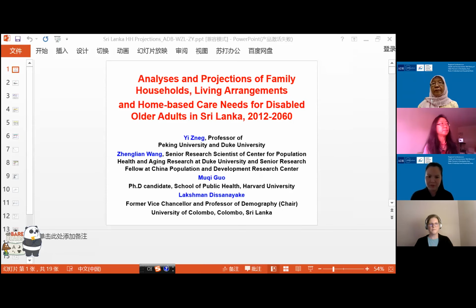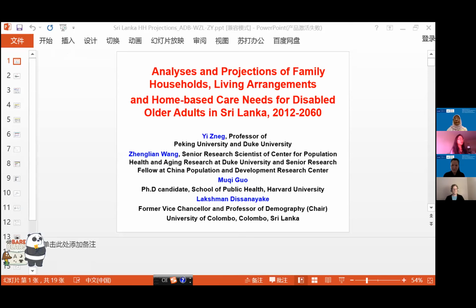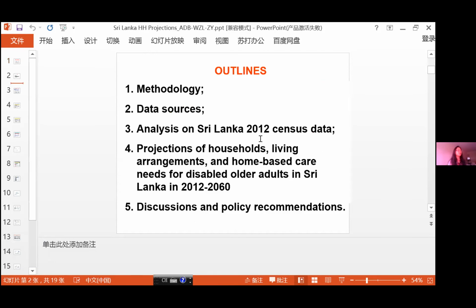My presentation is based on our study of Sri Lanka census data and survey data. Based on this data, we do projections of family, households, and elderly living arrangements and home-based care needs for disabled older adults.